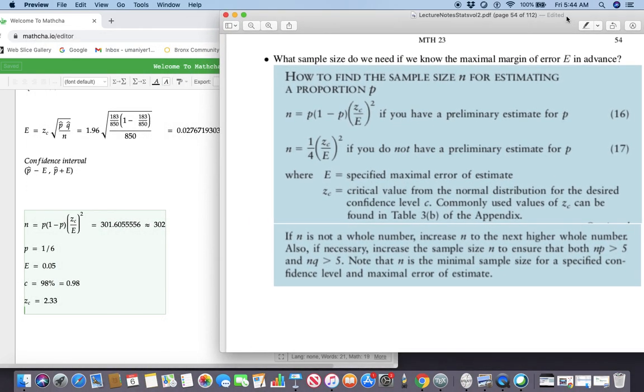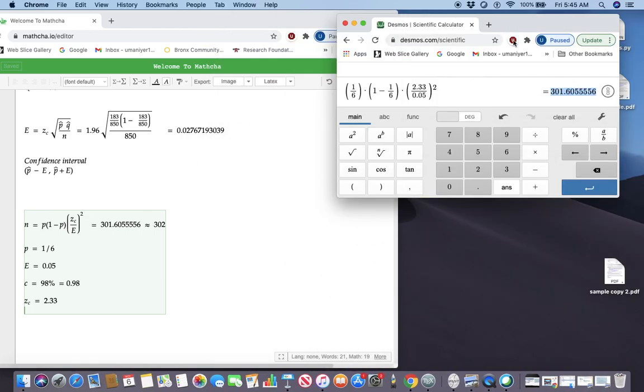Now, let me remind you, you need to check. It's not enough to stop there. You need to check that n times p is greater than 5, and n times q is greater than 5. So you take that 302 times p, which is 1 over 6. Is it greater than 5? Yes. What about n times q?